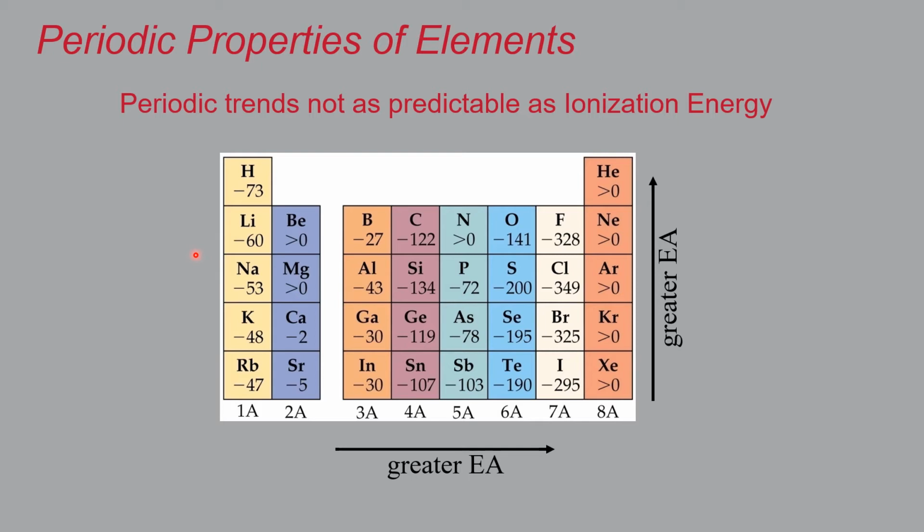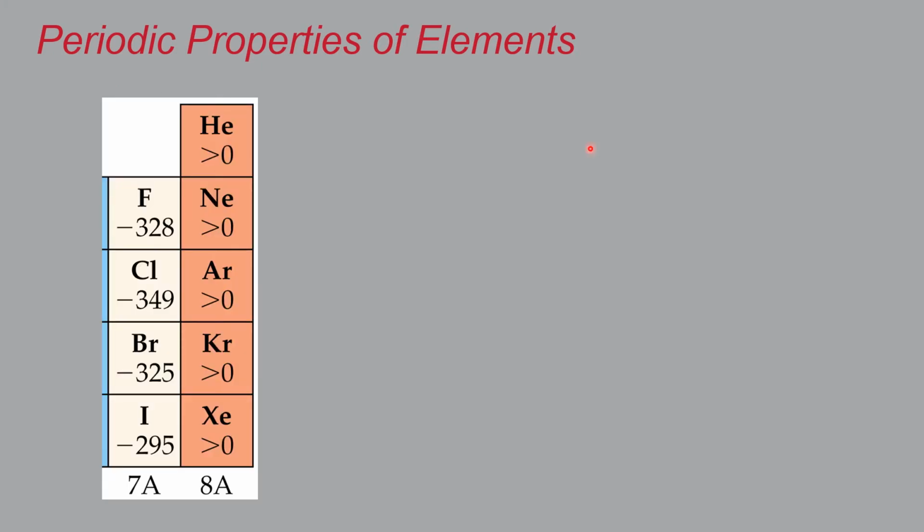The first one is probably the most glaring one. It's going from the halogens, group 7, to the noble gases, group 8. The halogens are the elements that have the greatest electron affinities, and the noble gases have very, very low electron affinities. They're actually endothermic. You need to put energy into them for them to take that electron.